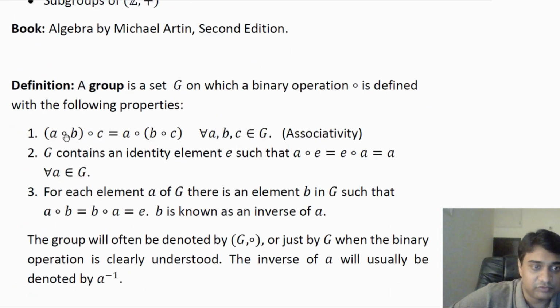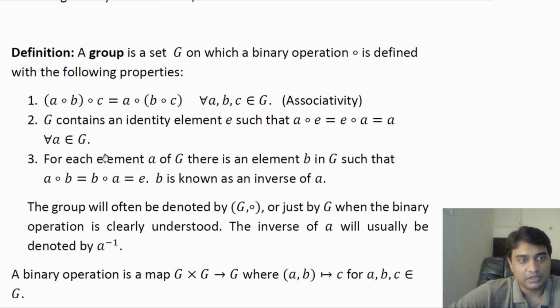Next, we have to verify these three properties. Does the associative law hold? Yes, obviously, because matrix multiplication is associative, right? We know this from linear algebra. And does it contain an identity element? The n by n identity matrix is an identity element of the group, right?